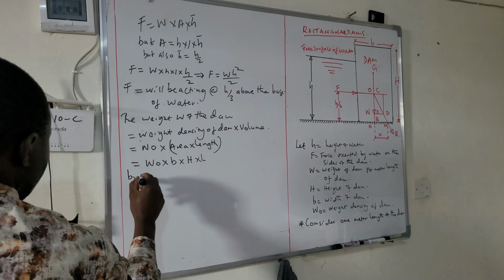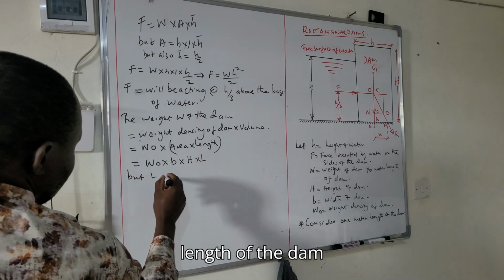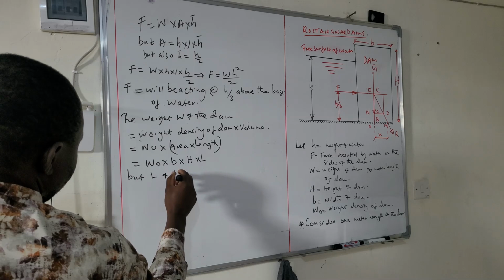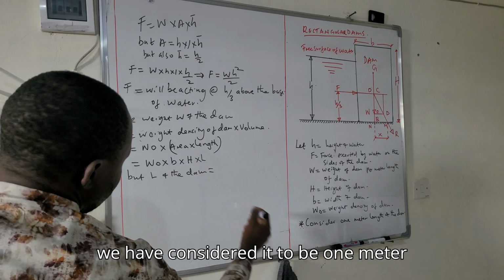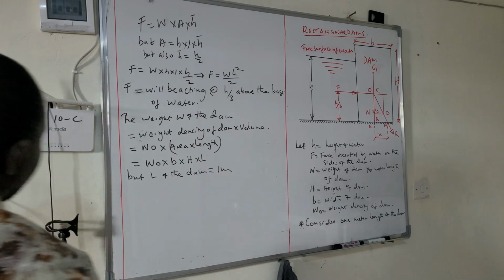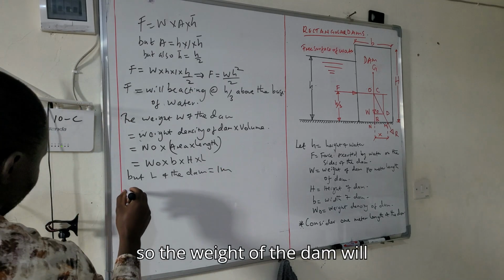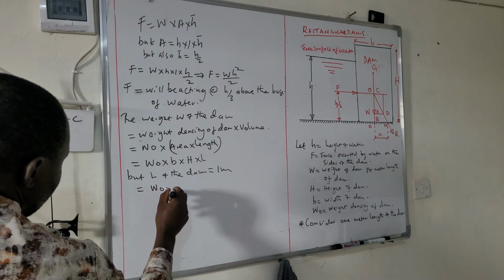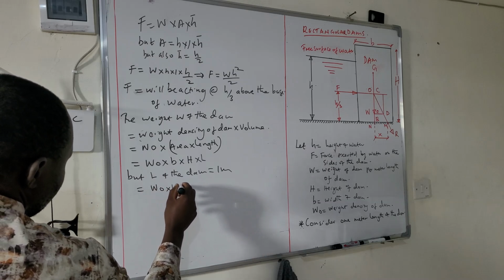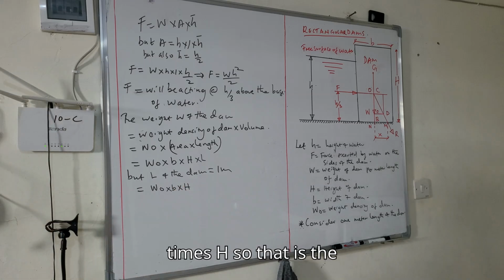But the length of the dam, we have considered it to be 1 meter. So the weight of the dam will be W0 times B times H. So that is the weight of the dam.